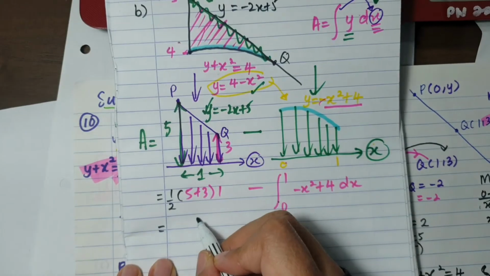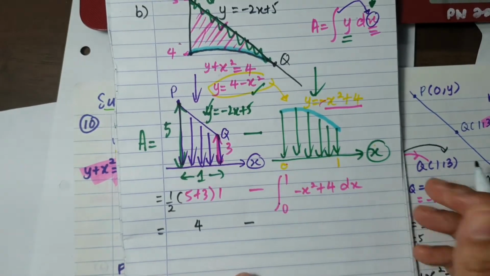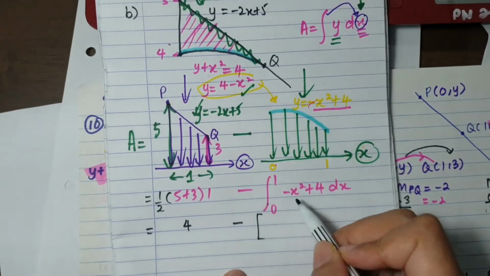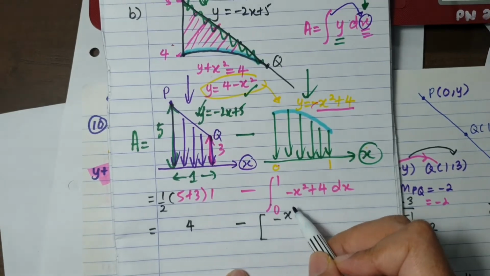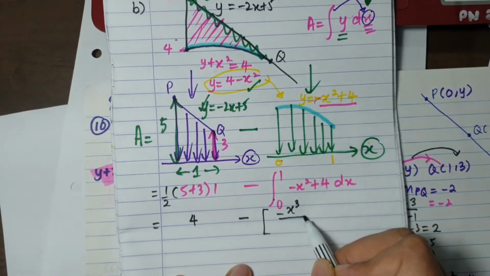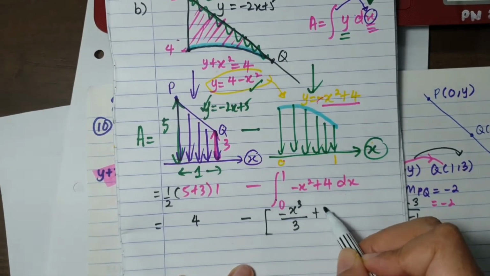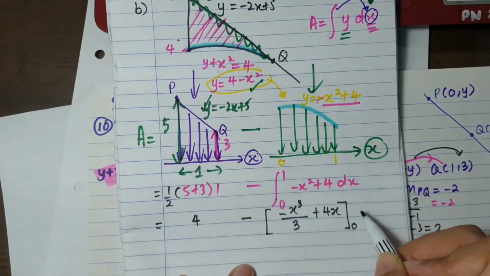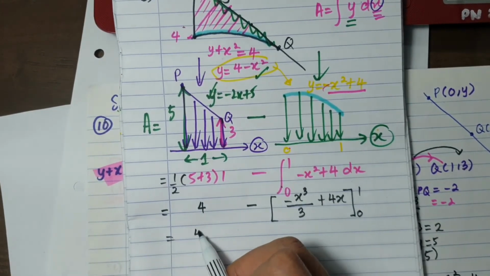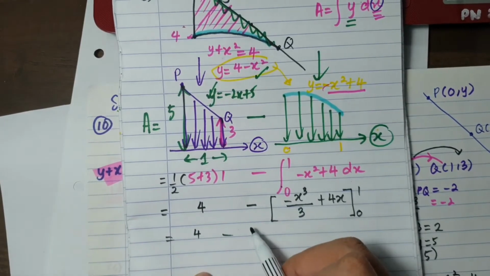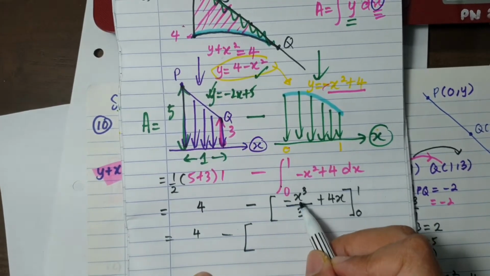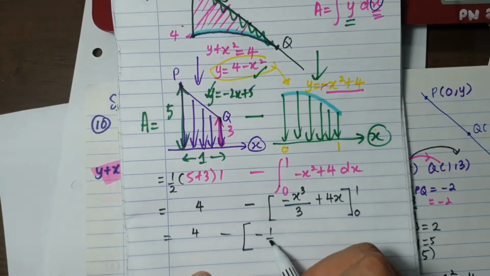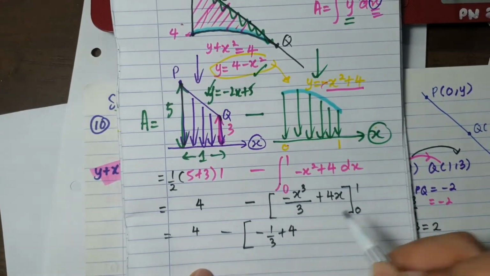Okay, let's integrate. 5 plus 3, 8 divided by 2 become 4 minus. Okay, integrate, become negative. Increase the index by 1, become 3, divided by the new index. So this one become 4x, 0 to 1. Okay, 4 minus. Okay, put in 1. Negative 1 cube is negative 1 over 3 plus 4 times 1 is 4.